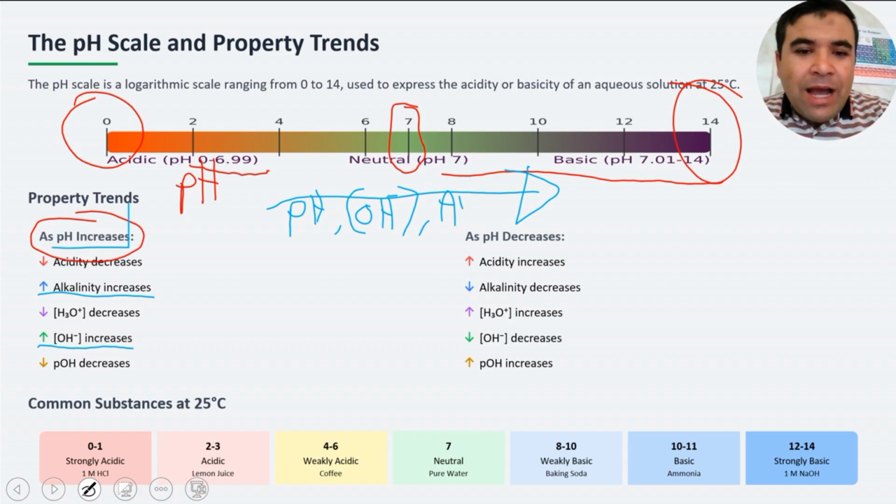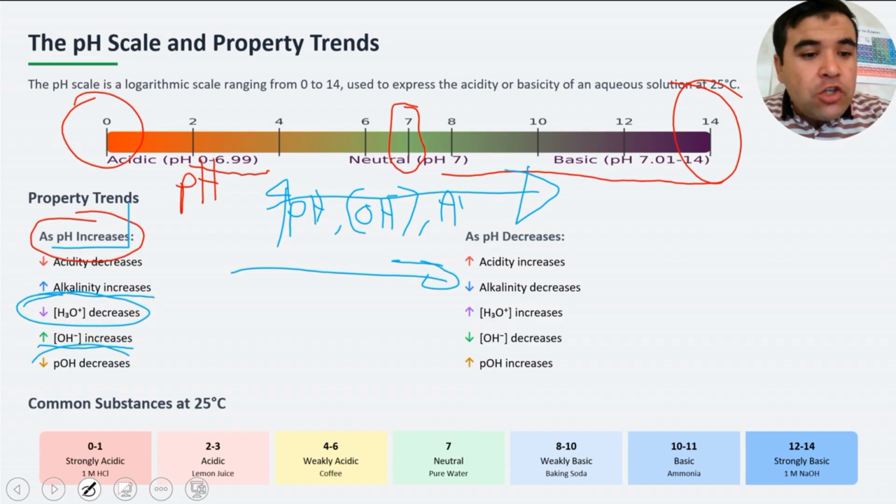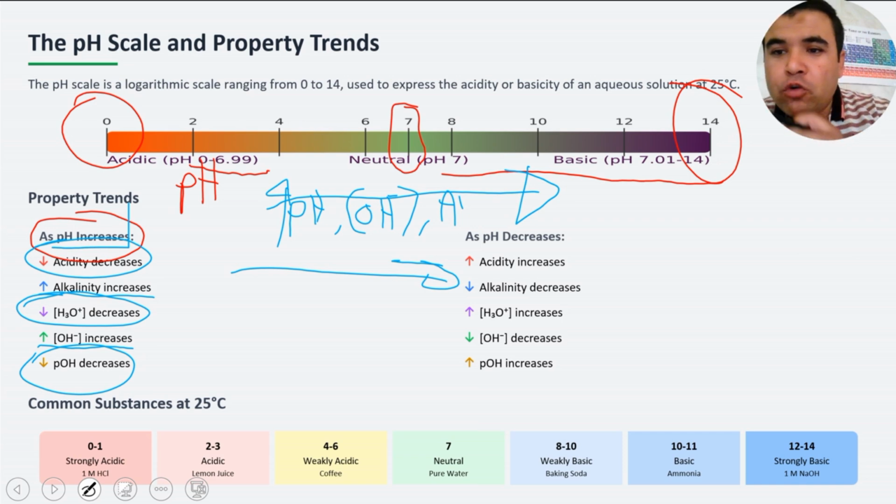But the hydronium, pOH, and then acidity decrease as we approach toward the 14, guys.